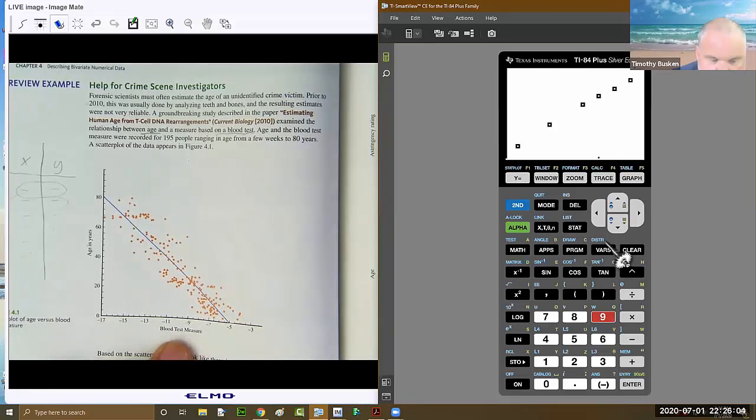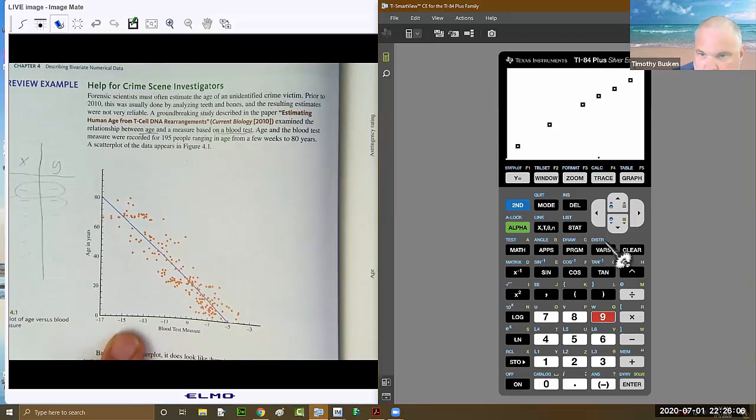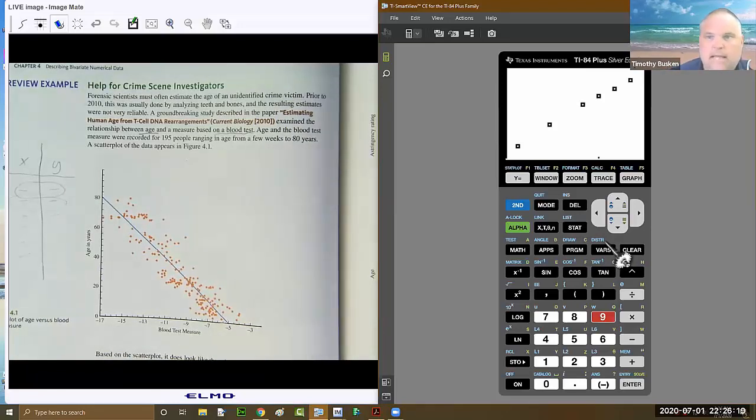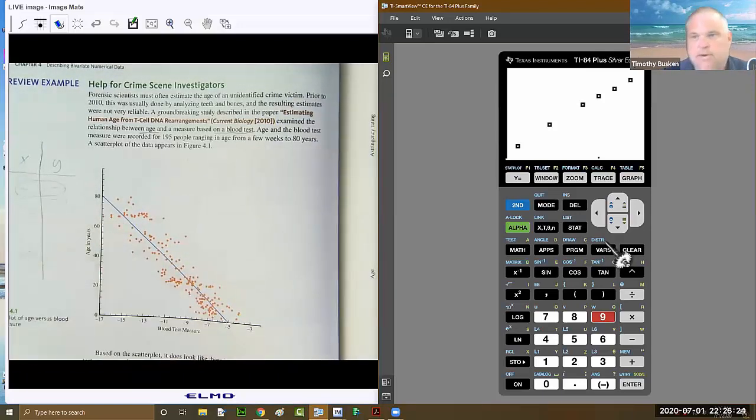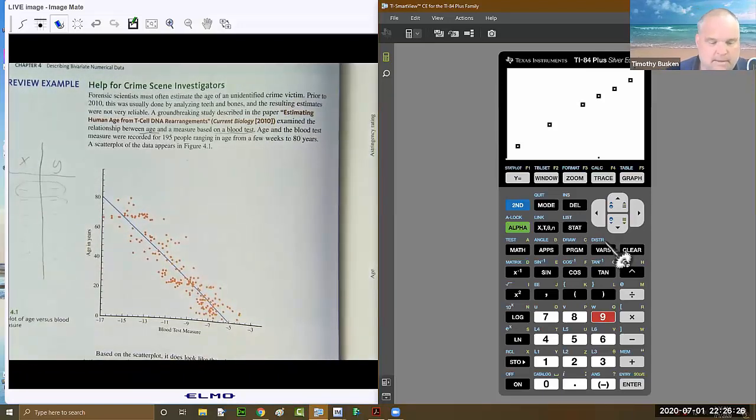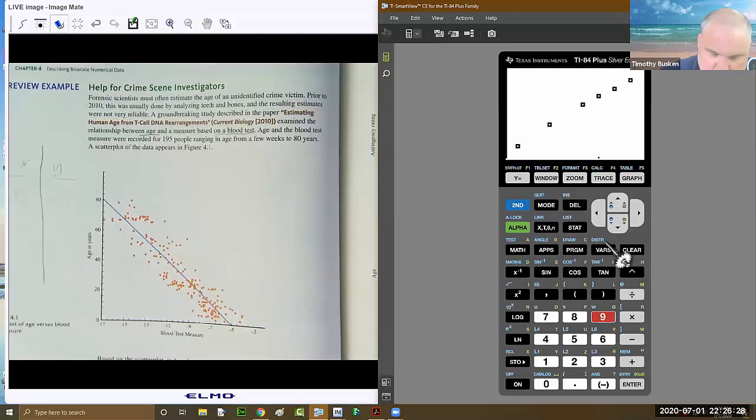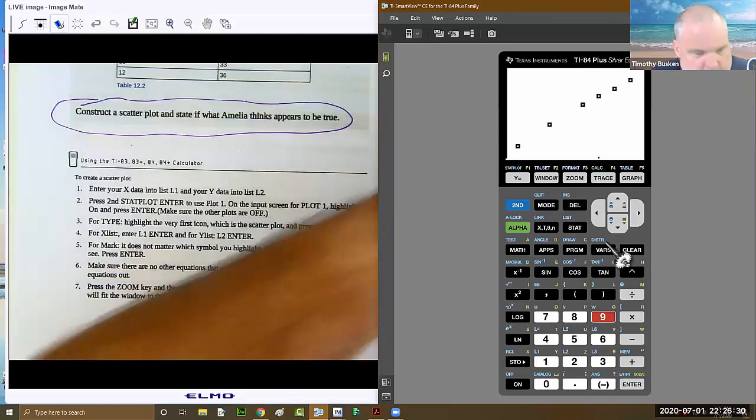So that would be a number that comes out of another measurement. And once that blood test measure is located, you then put that value of X into the equation and find the corresponding age predicted by what's called the regression line, or the least squares line. So that is something we're going to be doing in chapter 4.